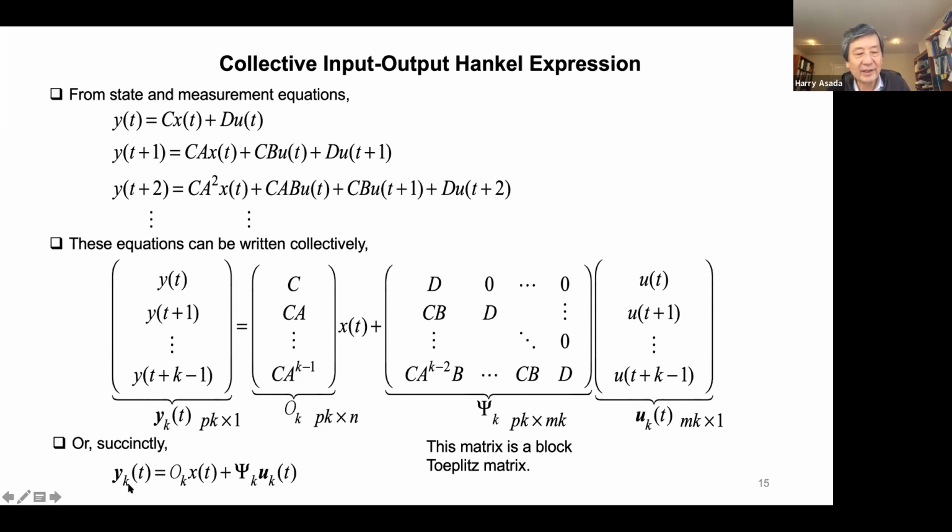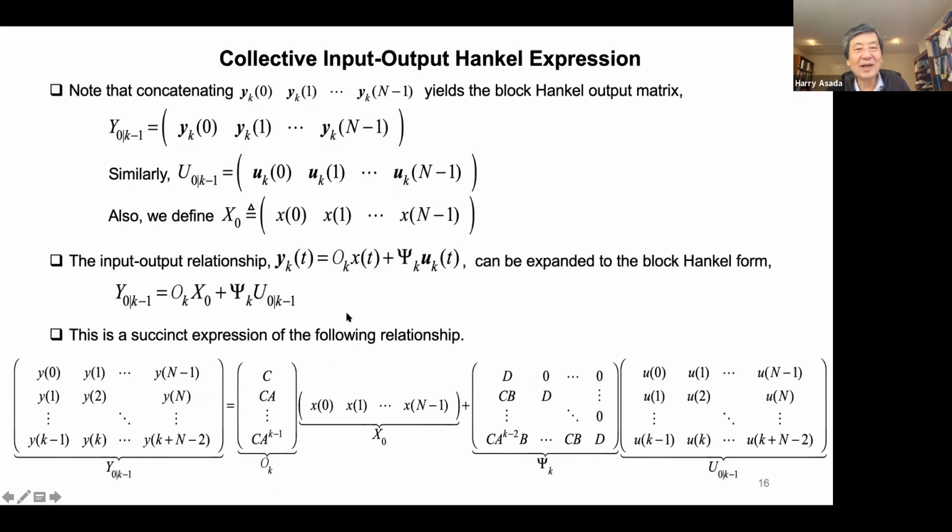Collectively, we use these notations. We can write the bold Y_k. This is still a single vector, single dimensional: one line, a vector equal to O_k x_t plus Psi_k times U_k, where U_k is also one big vector. Now, not only this, we'd like to write many of those Y_k this way. Maybe I should start with this.